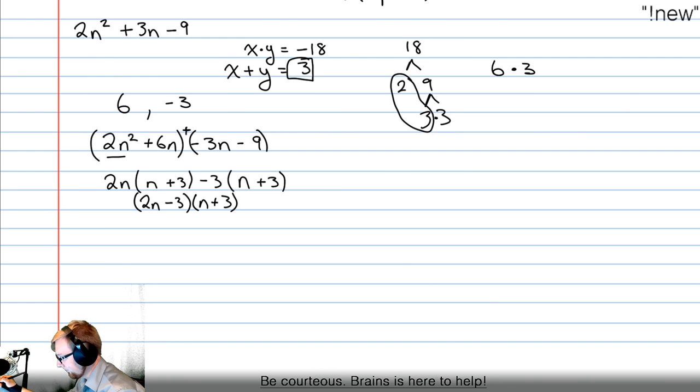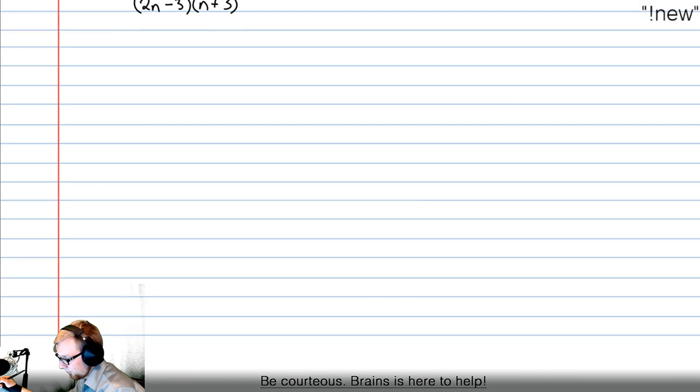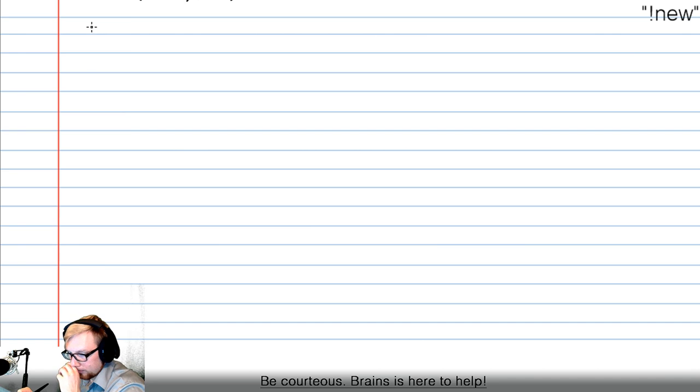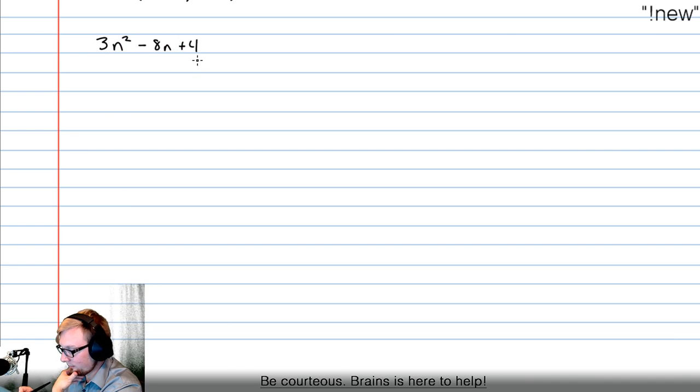Okay, next one. 3n squared minus 8n plus 4.